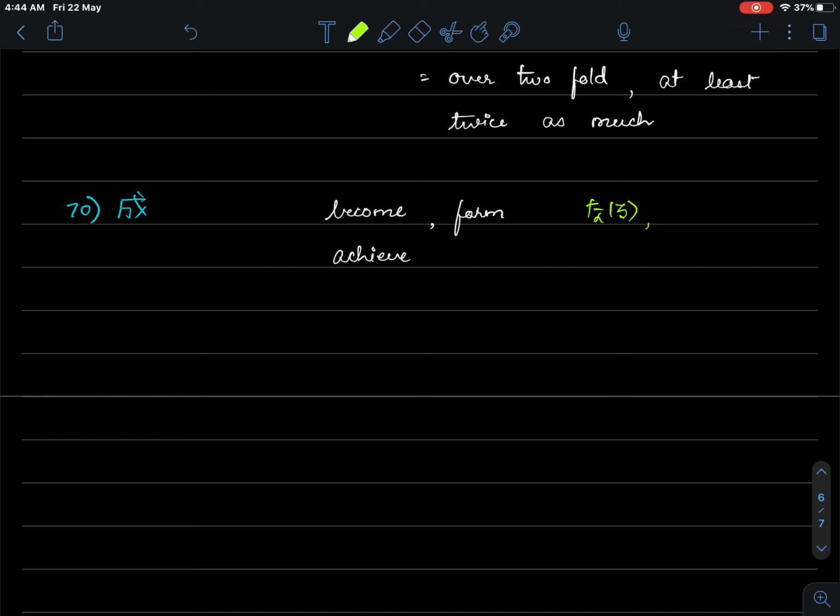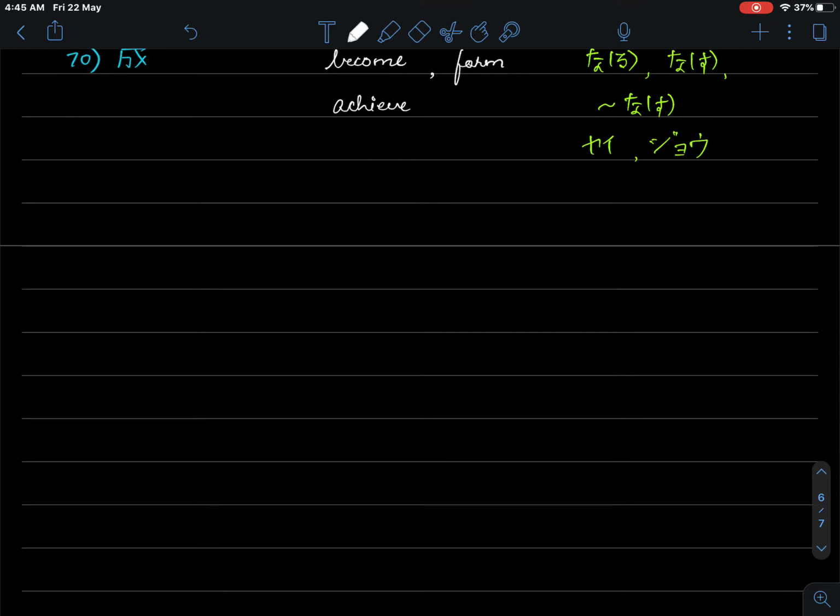Naru, nasu. And the onyomi is sei and jo. And let's have a look at some words for this.